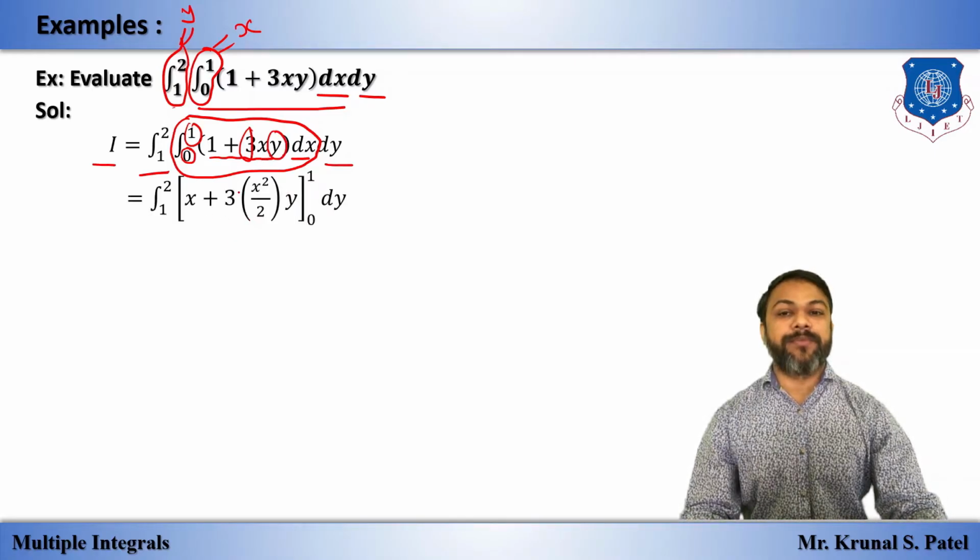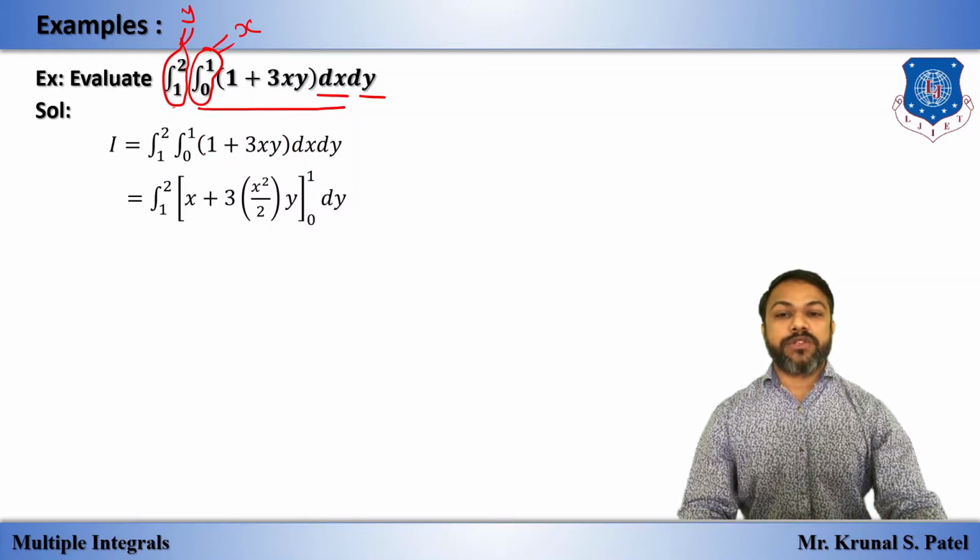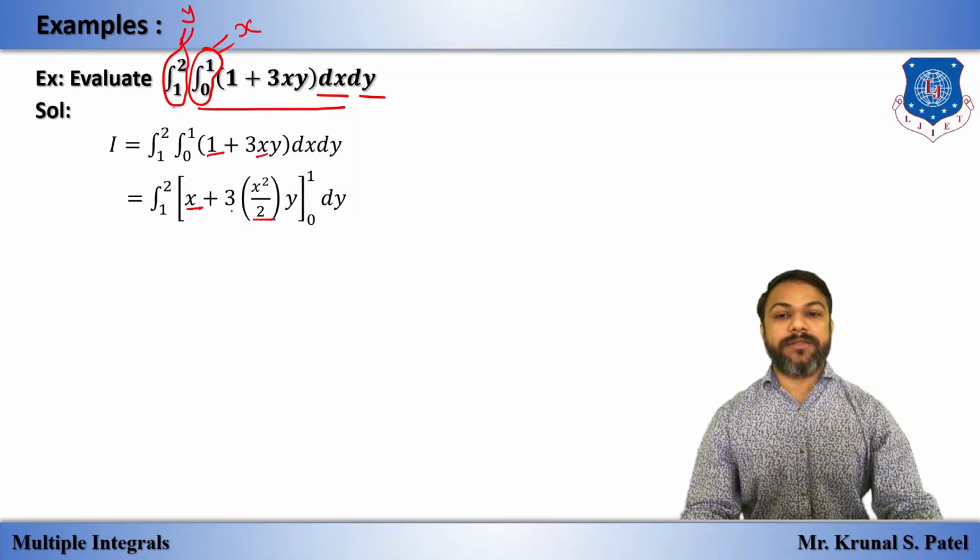I am just removing all this so you can see properly. So the integration of 1 is x, the integration of x is x squared by 2, and 3 and y stay as they are. And this limit 0 to 1 is written at the end of this bracket.